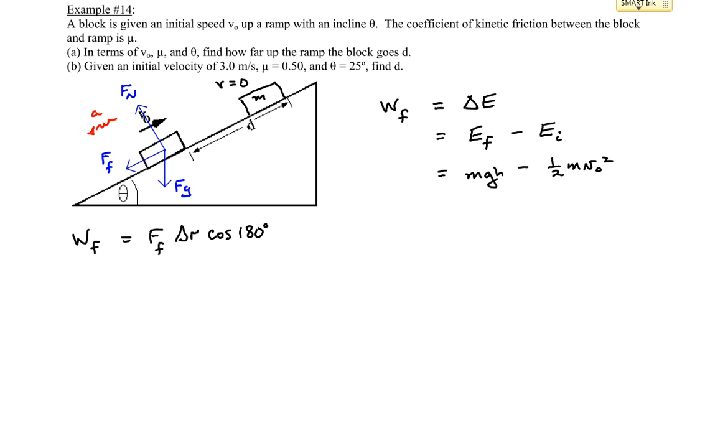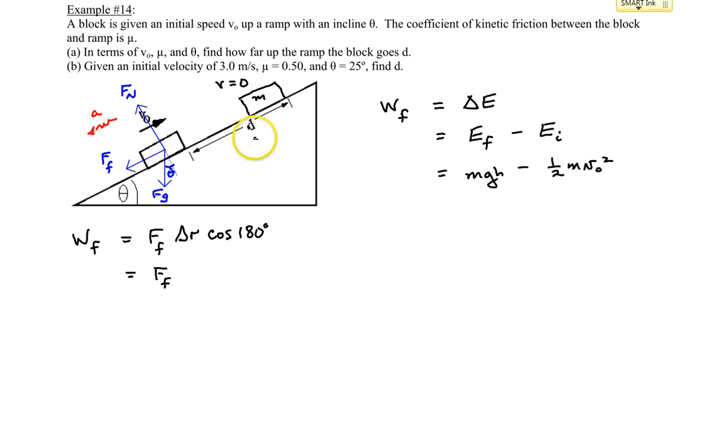And this angle in here between Fg and the line that is along the normal force is theta. The reason we have an angle of 180 degrees is because the displacement is straight up the ramp and the force of friction is straight down the ramp, and the angle between those two vectors is 180 degrees. So we have the force of friction times the displacement.